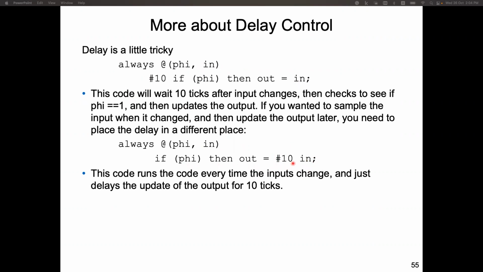Then wait for 10 units of time and assign it to the output. So this code runs every time the input changes and just delays the update of the output for 10 units of time. In the first one, the input might change. But here we assign the input value at the moment that the event occurs.